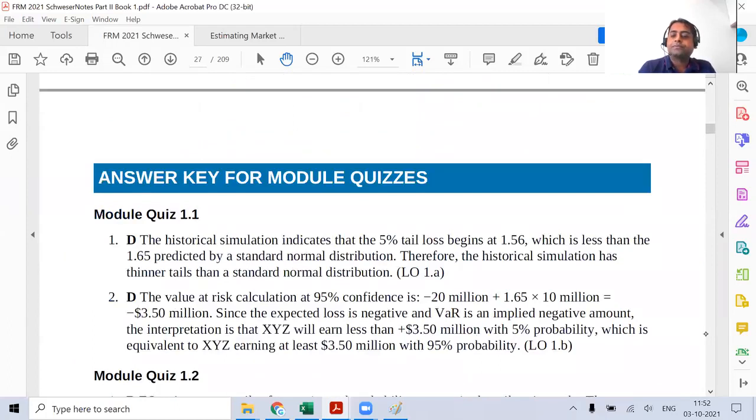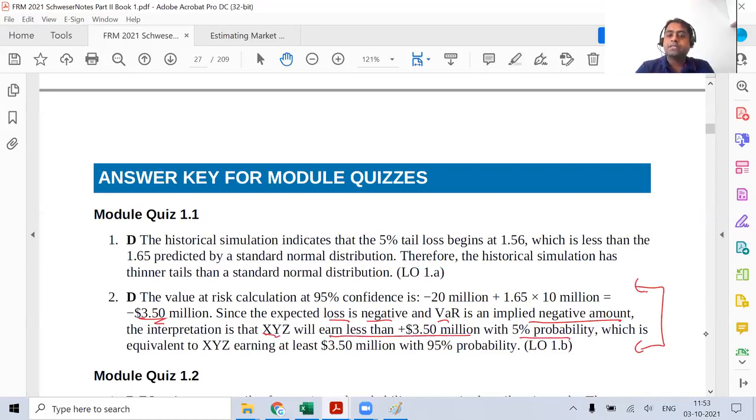Read this section. See, the calculation was not required because we have already seen the numbers are given. Okay, since the expected loss is negative and VAR is implied for a negative amount, the interpretation is that XYZ will earn less than $3.5 million, 5%. That means less than $3.5 million earning, positive earning.